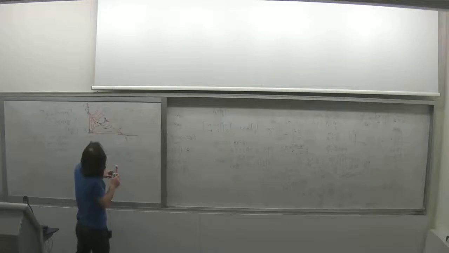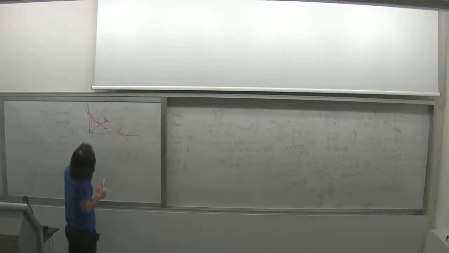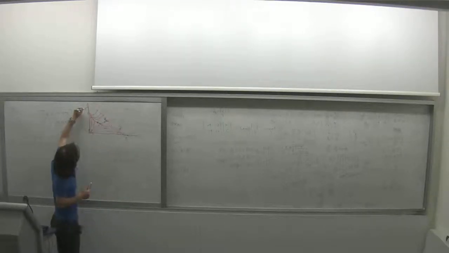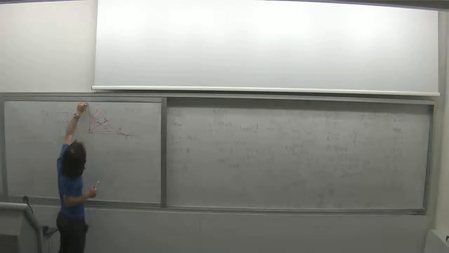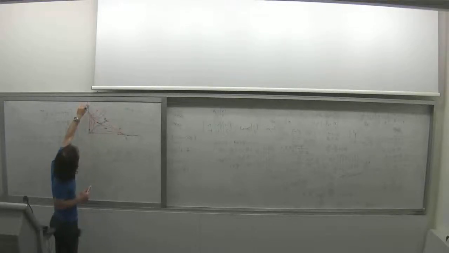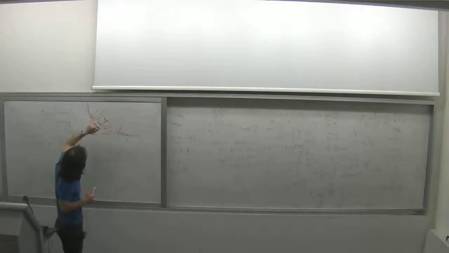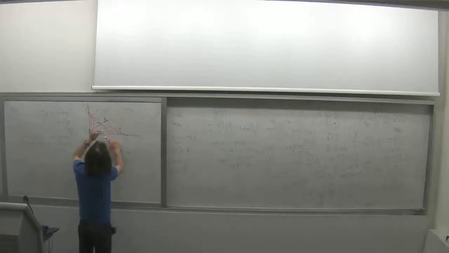X equals 3 minus 2y, which means it starts here, and the slope... minus 2y, it means we will be at 1.5 here.